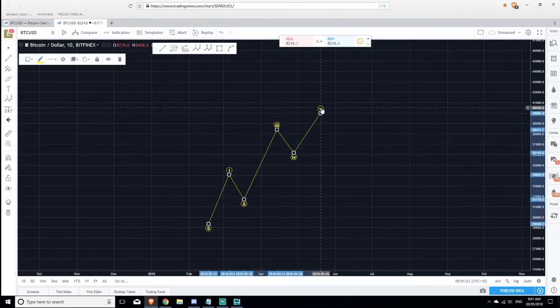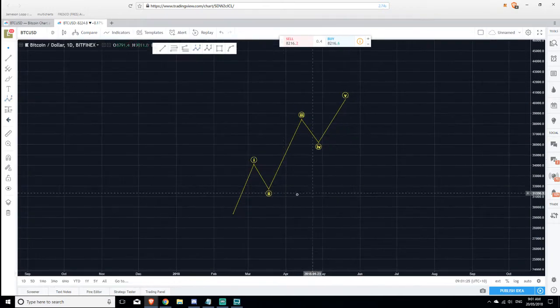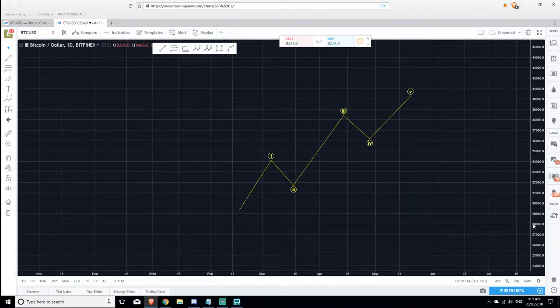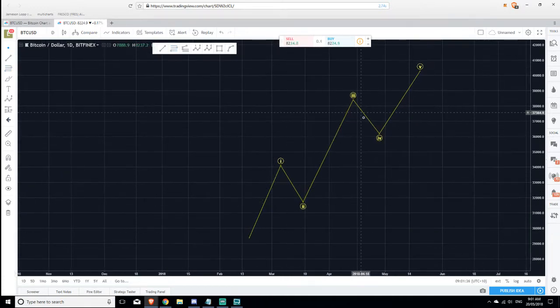Okay. 5 waves up. In order to see where wave 2 should end, what you do is you take a fib retrace. Mr. Ralph Elliott thought that drawing lines by themselves is kind of arbitrary, but if you integrate it with fib ratios, it becomes a lot more apparent.